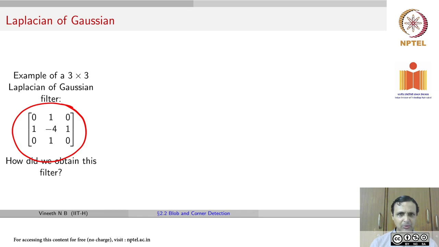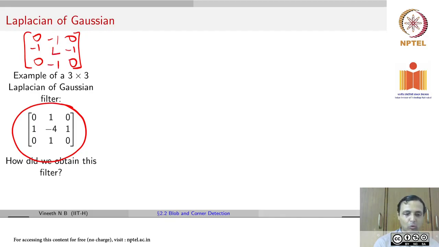But can you try to guess why this is a relevant Laplacian of Gaussian filter? One point to notice here is an equivalent Laplacian of Gaussian filter could also have been 0, 0, 0, 0, -1, -1, -1, -1, and 4.